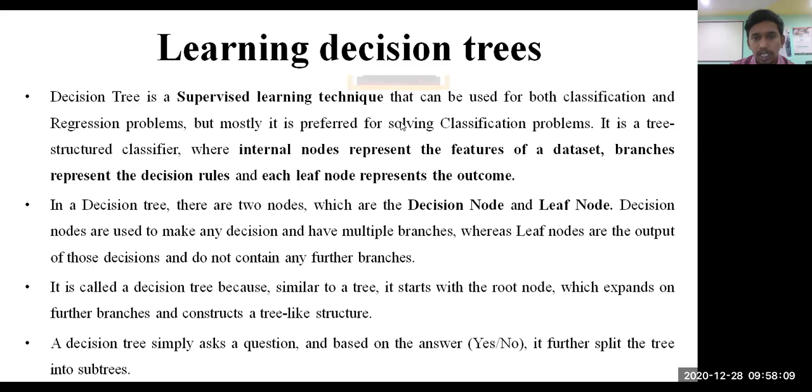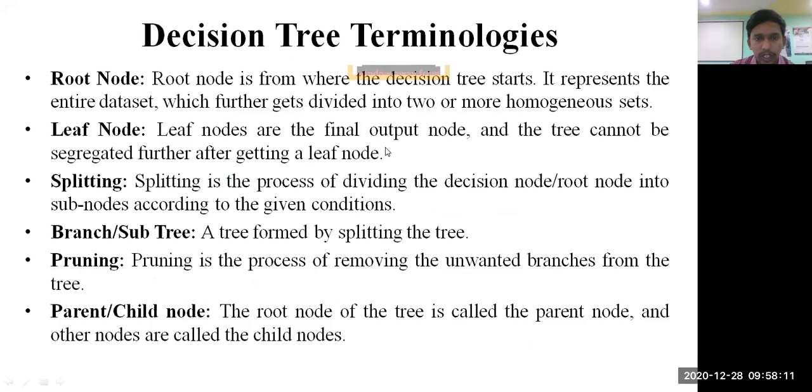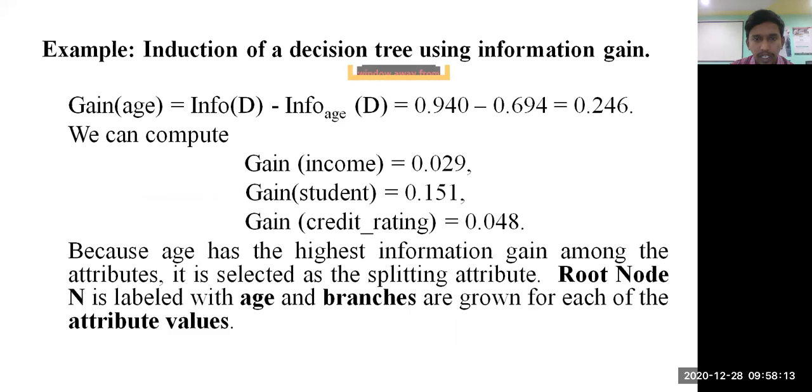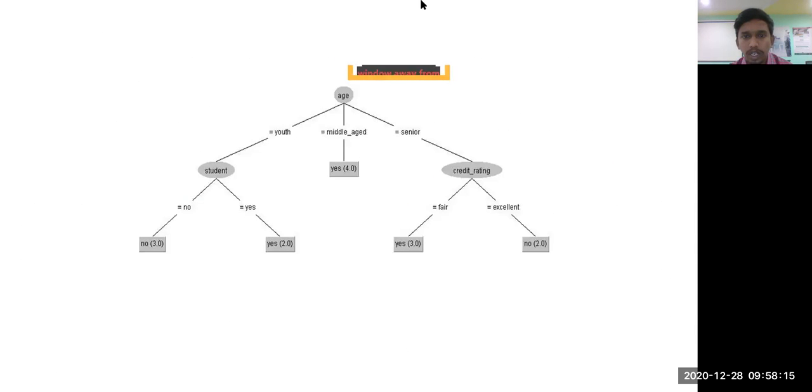I'll represent a decision tree for your understanding. Here you can see a small example of a decision tree, about a student and whether a person buys a computer or not. We'll understand this while we are learning the example, but for your understanding, I'm just representing the structure.